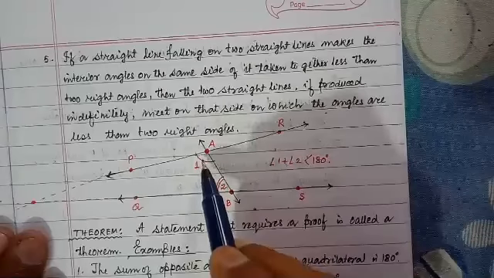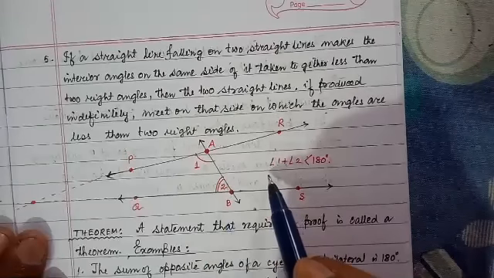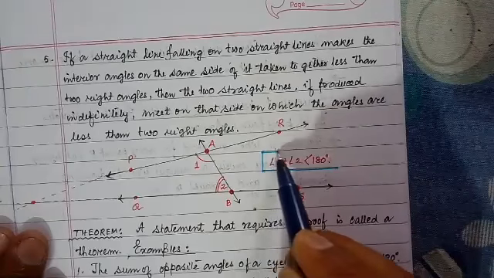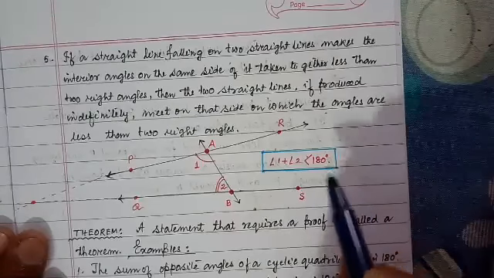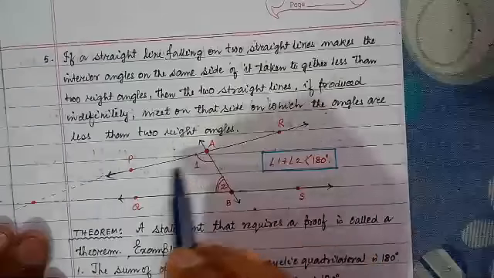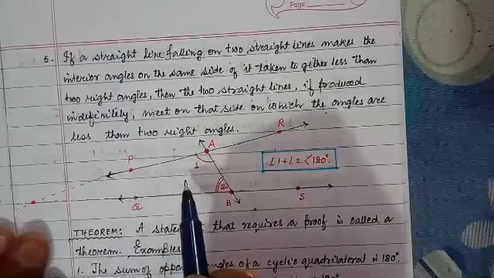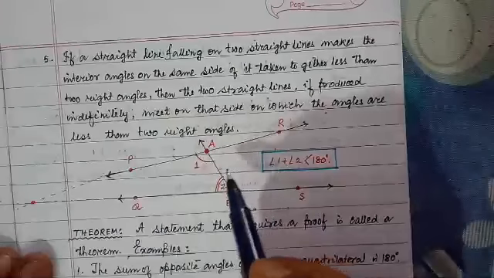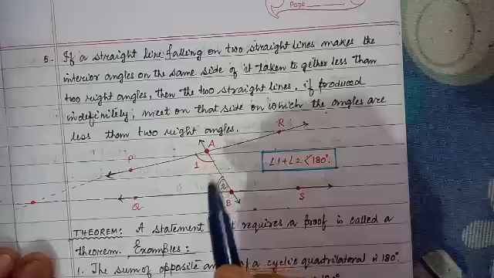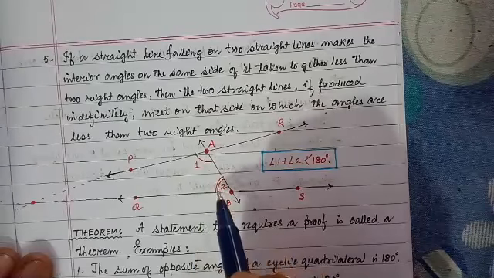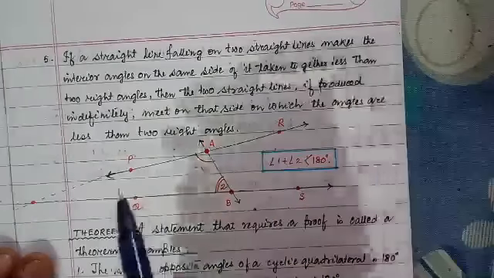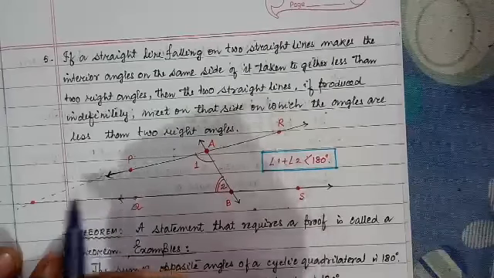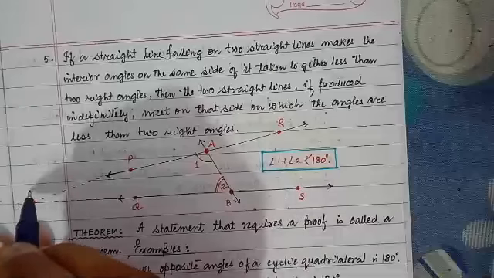Now, if angle 1 plus angle 2 is less than 180 degrees, then if RP and SQ are produced in the direction where the sum of the angles is less than 180 degrees, they will intersect at a point. Say this point is T.